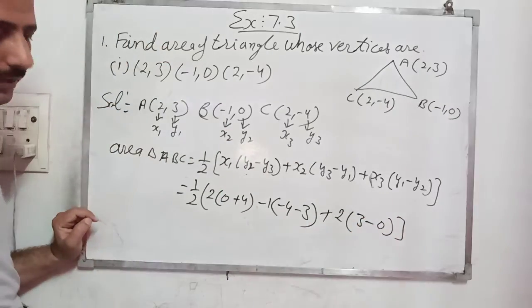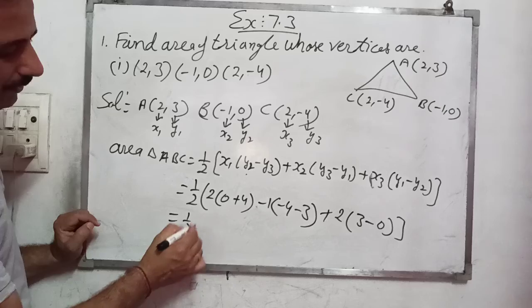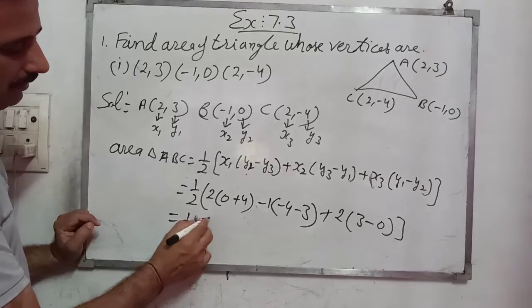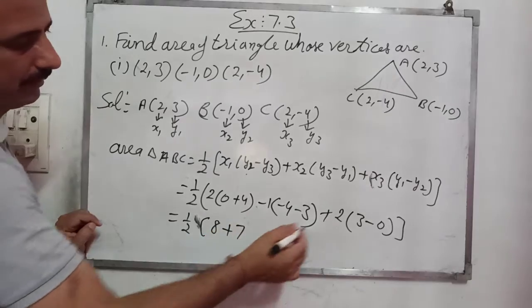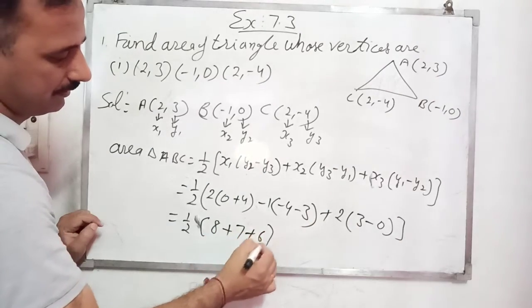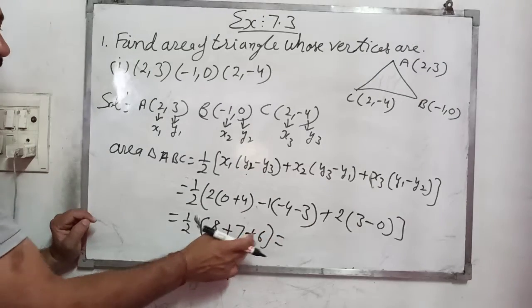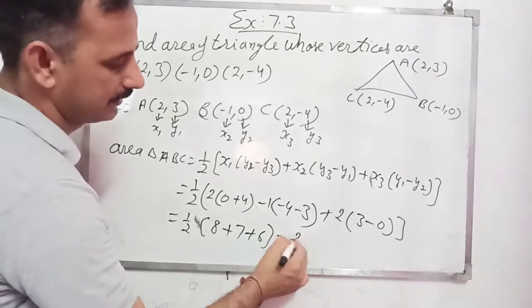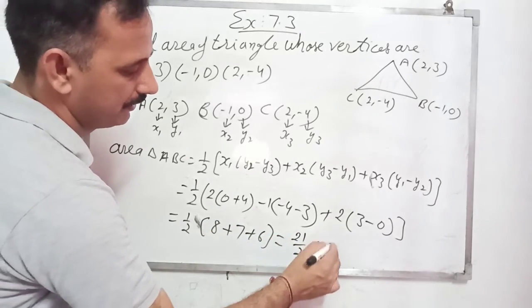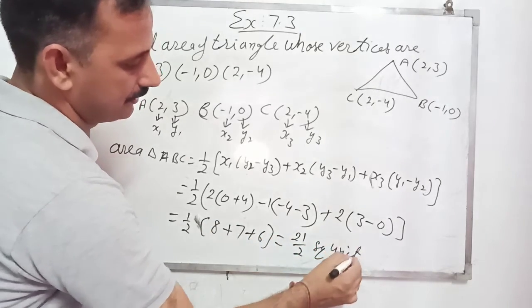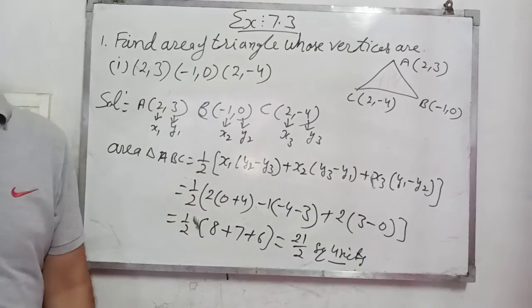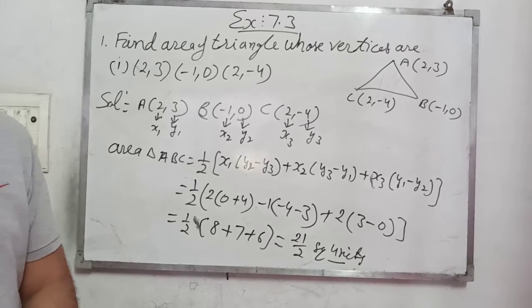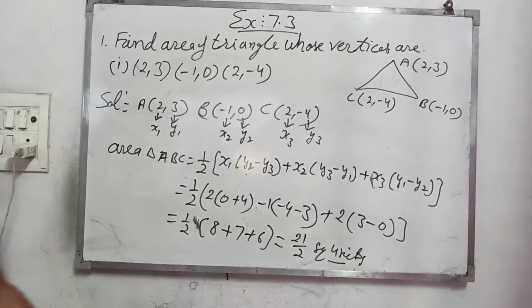Now solve it, you get 1 upon 2 bracket 8 plus 7 plus 6. So you get 21, so it is 21 upon 2 square units. It's an area, so its unit becomes square units. In such a way we find the area of that triangle.